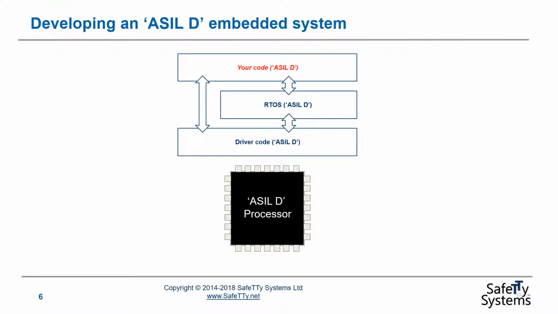So this has the highest safety rating that's recognized in the ISO 26262 standard. We assume we have some driver code for interacting with that processor, and we assume that driver code is also ASIL D. We assume that we've got a real-time operating system that's also ASIL D, and we assume that you'll create your code to run on this platform, and you'll also do that according to ASIL D standards.